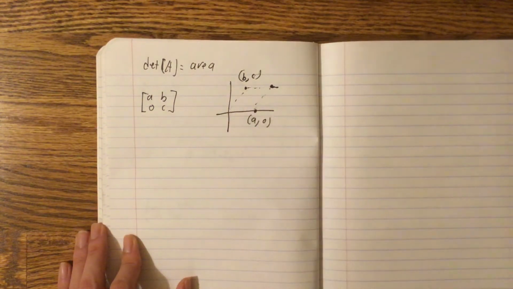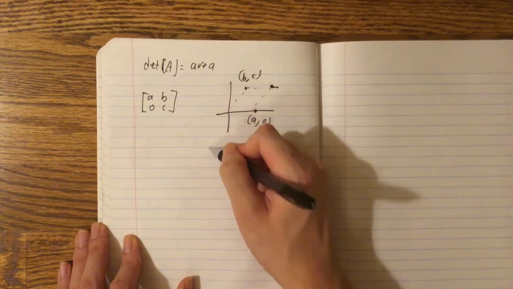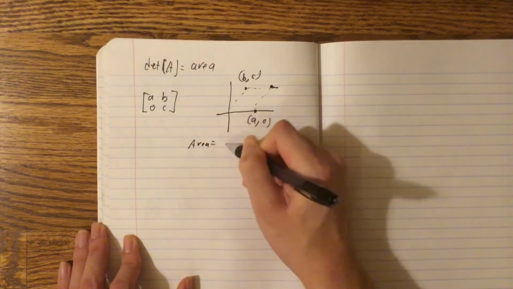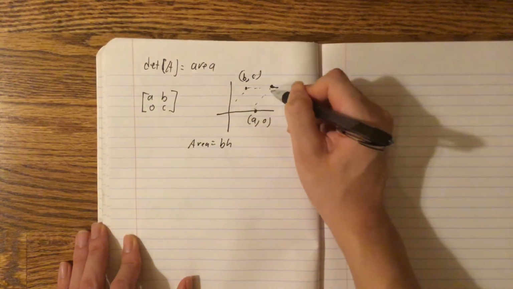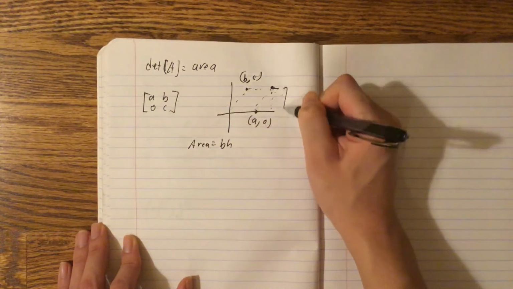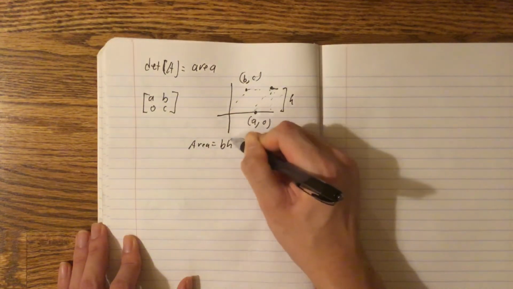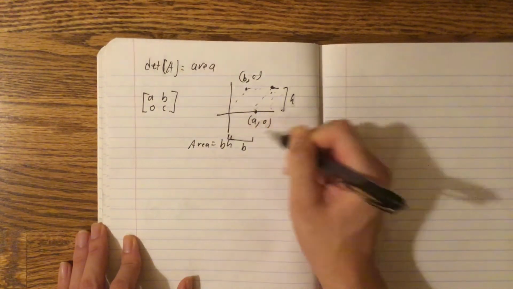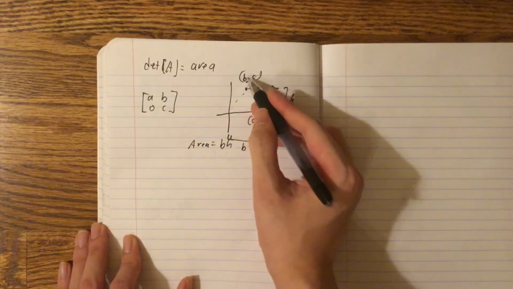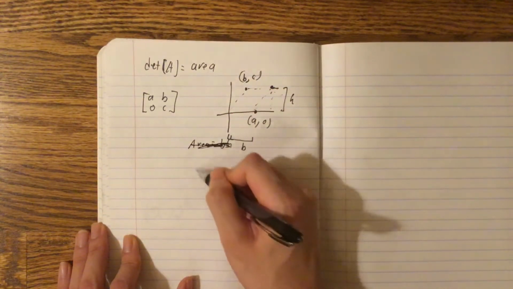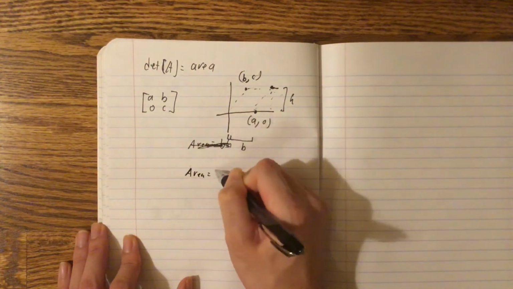So what is the area of this parallelogram? Well, area is going to be base times height, right? This would be height, and this would be base. Let me remove that. Area equals base times height.